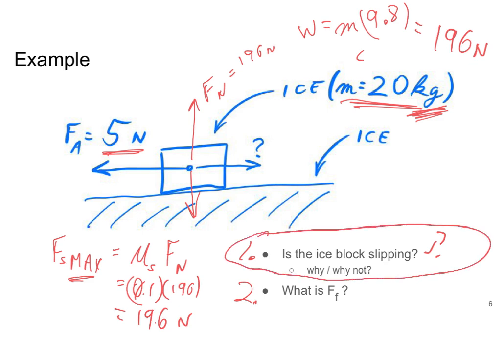That's the hard question. The easy question, now that we've convinced ourselves that it's not slipping, is this one. What is F sub F? It's whatever we asked for. And here we asked for 5 newtons, so we're going to get 5 newtons in that direction, pointing to the right, just enough to counteract our pull.